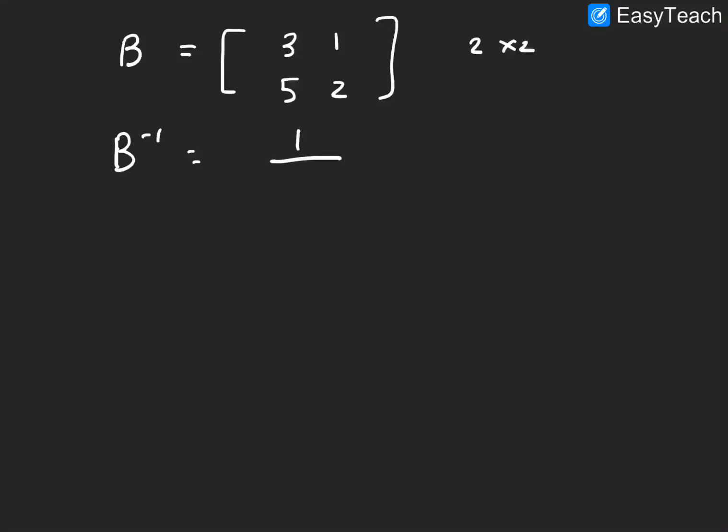And that would be A times D, which is 3 times 2, minus B and C. So if we slow down a little bit, this was our A, this was our D, and in the formula it says that we have to do 1 over A times D minus B times C. I'm sorry, I should have written it the other way.